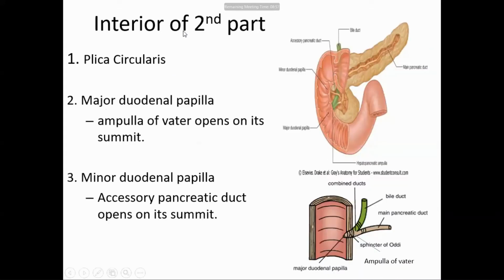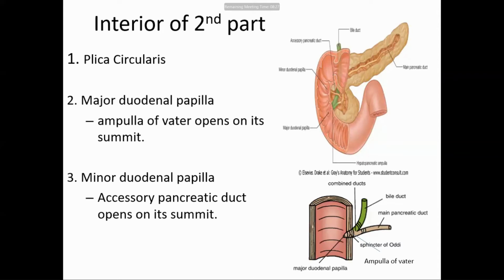Now the features of the interior of the second part of the duodenum. The second part of the duodenum is important. When we see the interior, we can visualize these structures: the minor duodenal papilla, major duodenal papilla, the circular mucosal folds, then the plica semicircularis and the plica longitudinalis.